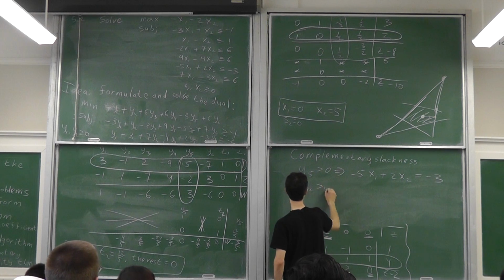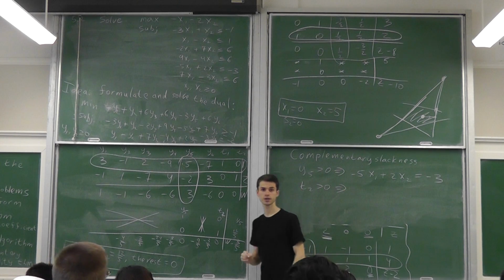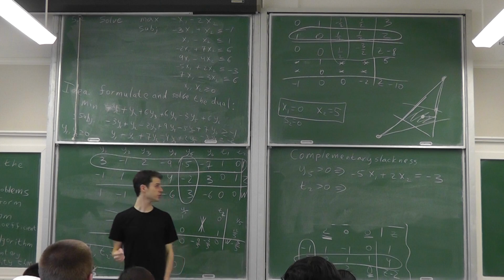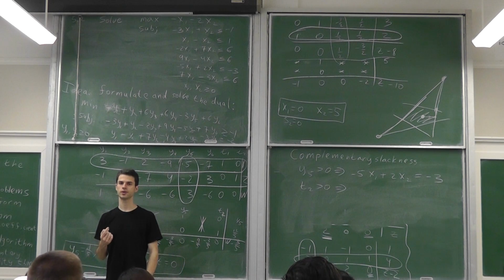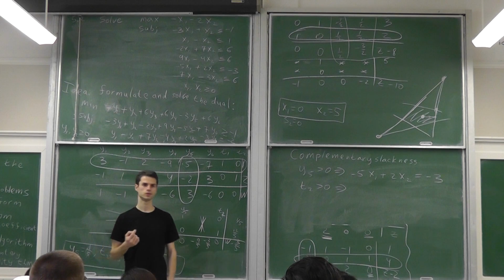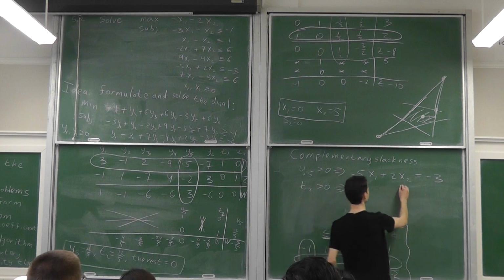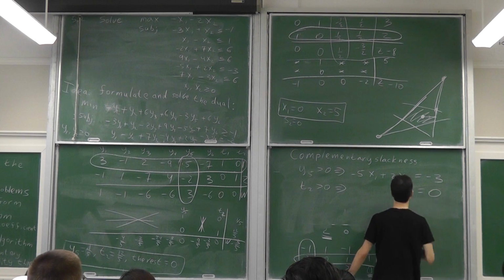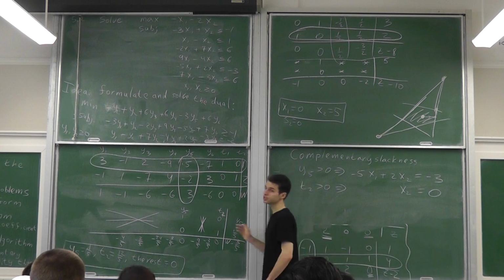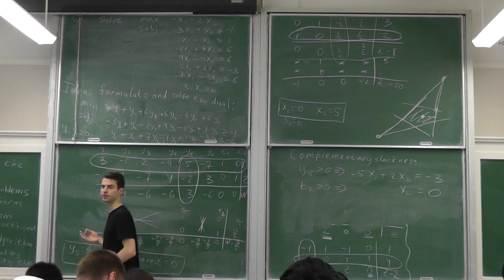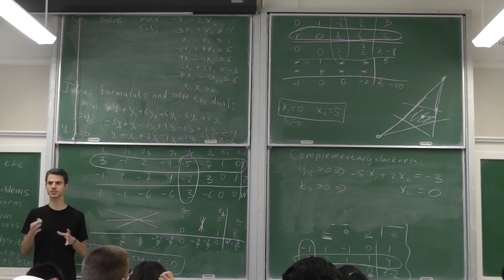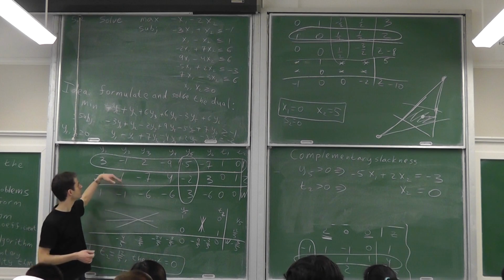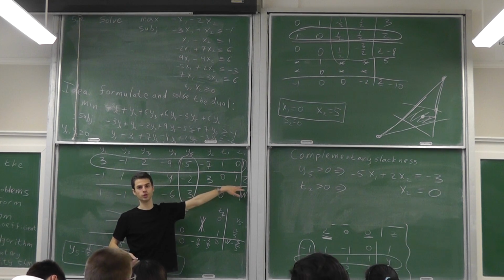What about t2 being bigger than 0? What does that tell you? x2 is equal to 0, yes. So T2 is a slack variable corresponding to the second dual inequality.